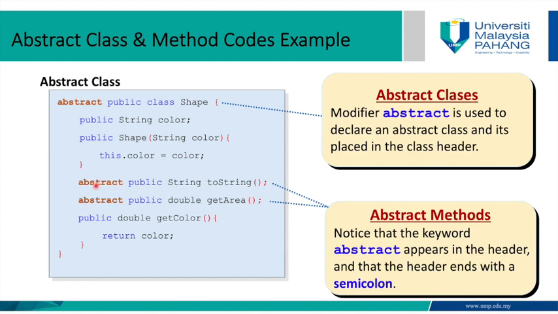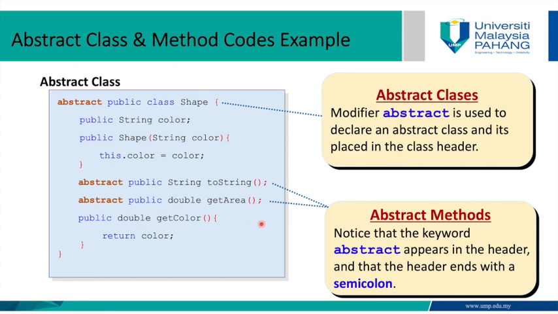We have regular methods and we have abstract methods. These are all the regular methods, and then these are the abstract methods. You can see here abstract methods have no implementation in them, just the declared headers, which are abstract public String toString and abstract public double getArea. Where should we do the implementation of these two methods?